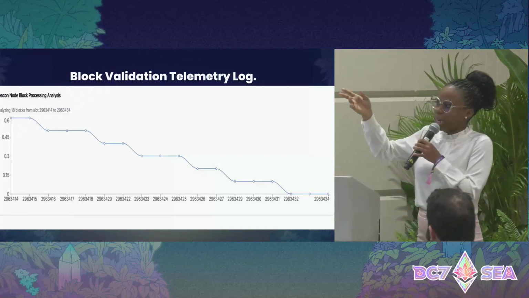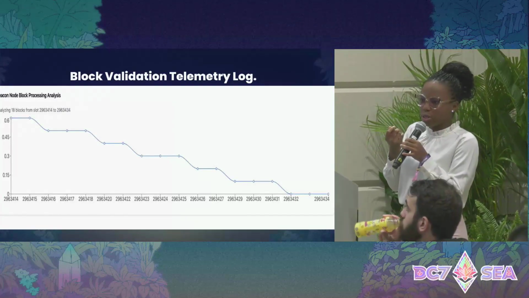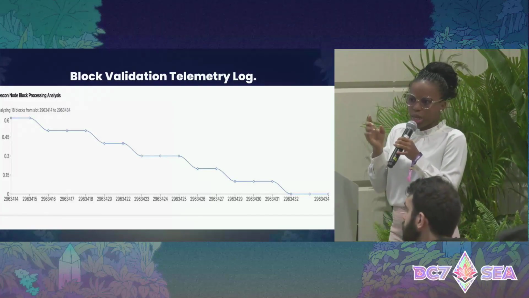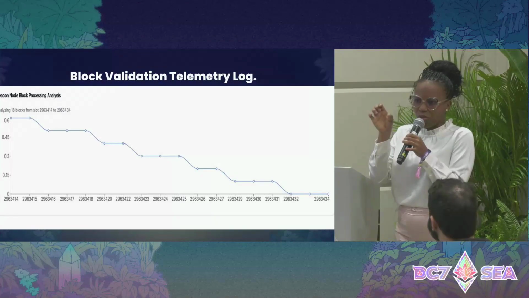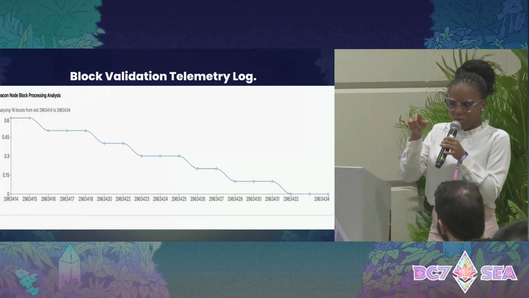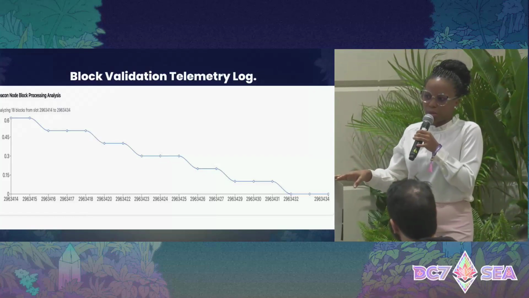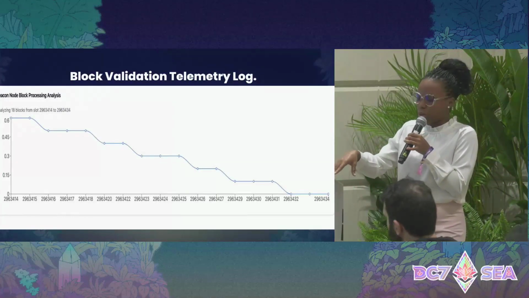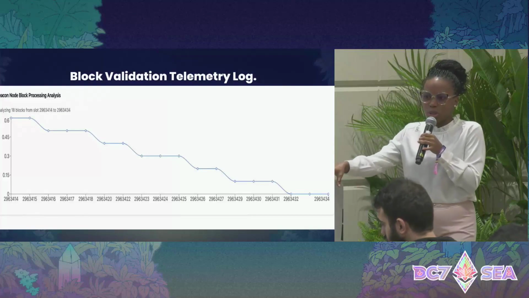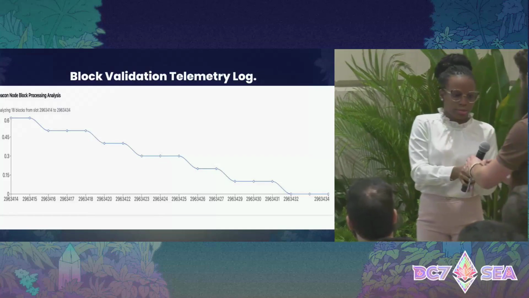But using this analysis and this data, I think I'll be able to come up with a strategy to build a fuzzer, making it a targeted fuzzer, and also for formal verification, because I understood that there is not much work on formal verification on Ethereum consensus clients. Thank you. I can hand it over to you.